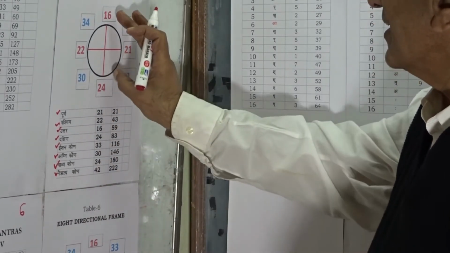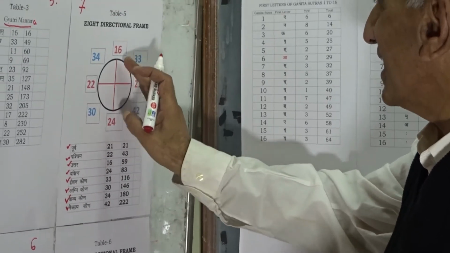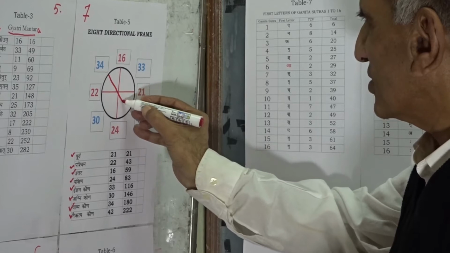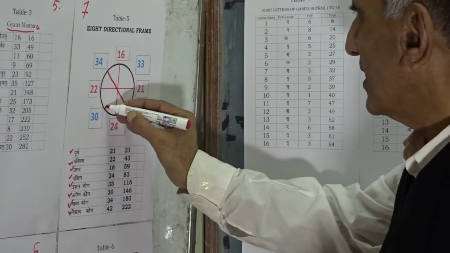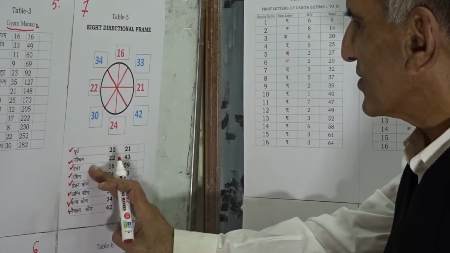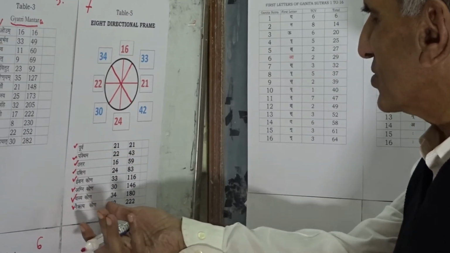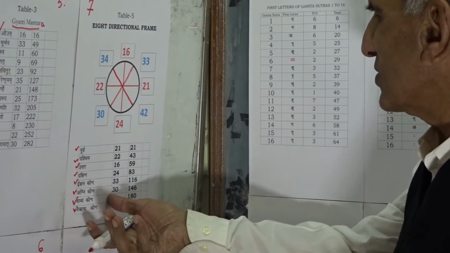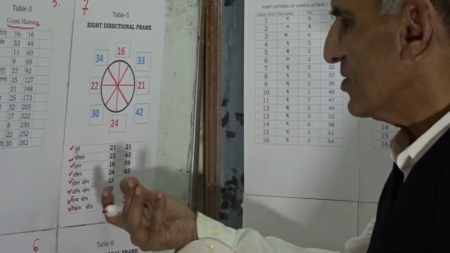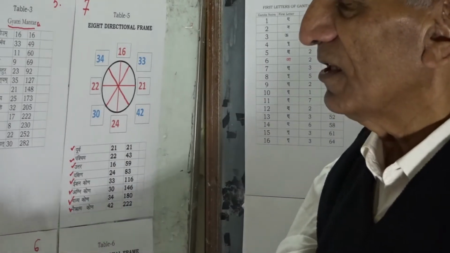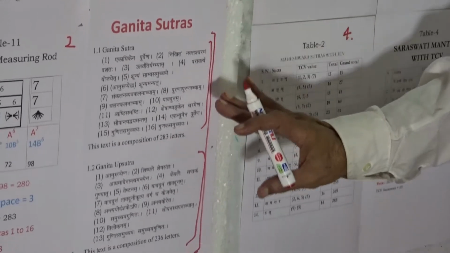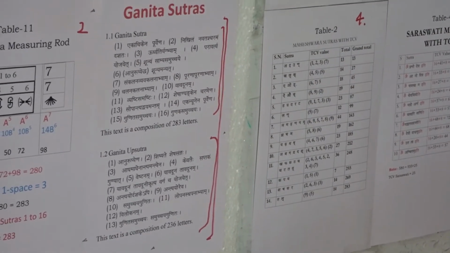These 8 directionals, 4 directions and 4 subdirections together, as these formulations, Purv, Paschim, are leading us to some values, features, which together as a format are to be compared with the values, features and format of the text of Ganita Sutras and Upsutras.